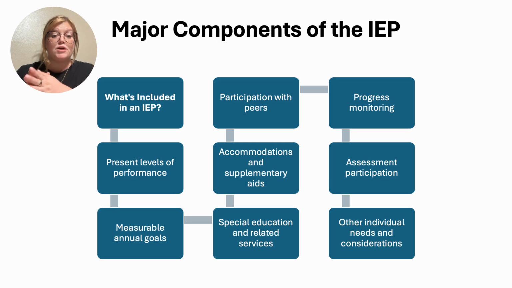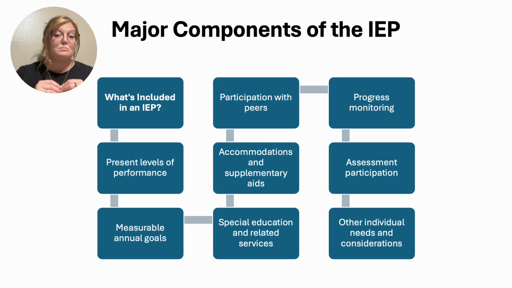Next are measurable annual goals. These goals identify skills or outcomes that the child is expected to work towards during the year. The IEP also identifies special education and related services, supplementary aids and services, accommodations or modifications when appropriate, and information about the frequency, location, and duration of the services.